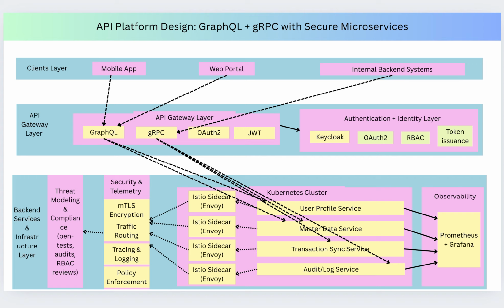Once the token is validated, the API gateway routes the request to the appropriate microservice with the authenticated user context attached.